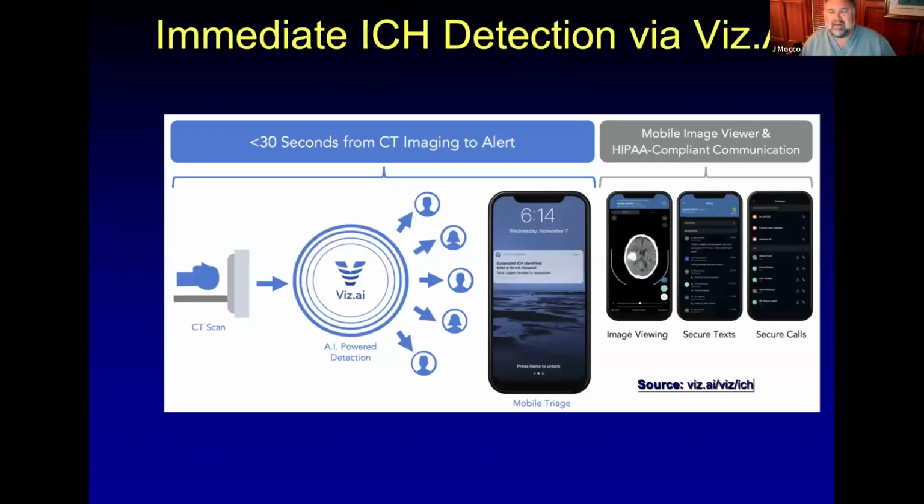Viz AI has come out with Viz ICH Plus, and to think about it simply, for any of you that use Viz already for thrombectomy, for large vessel occlusion detection, it's similar. The patient gets scanned, it immediately gets sent to Viz, Viz applies its AI algorithms, and then that sends messages to all of the caregivers.